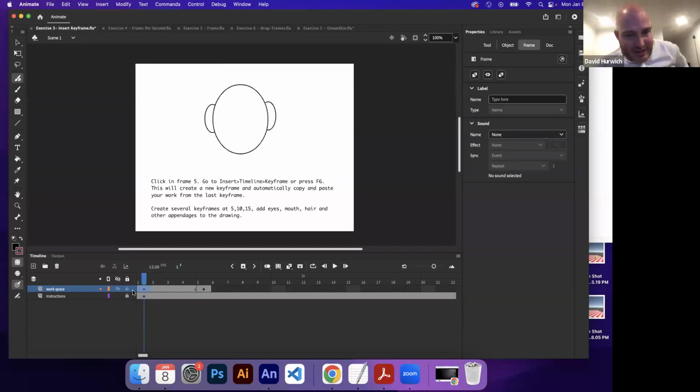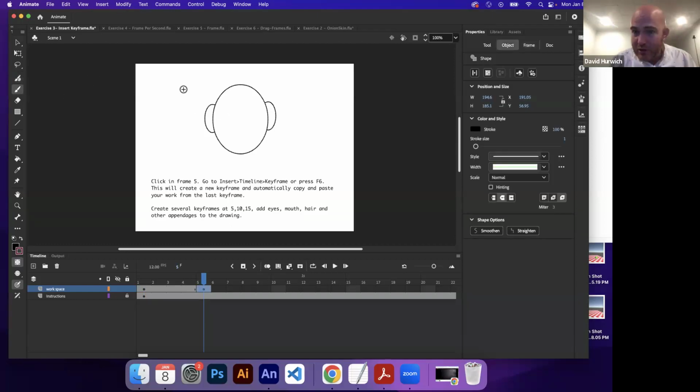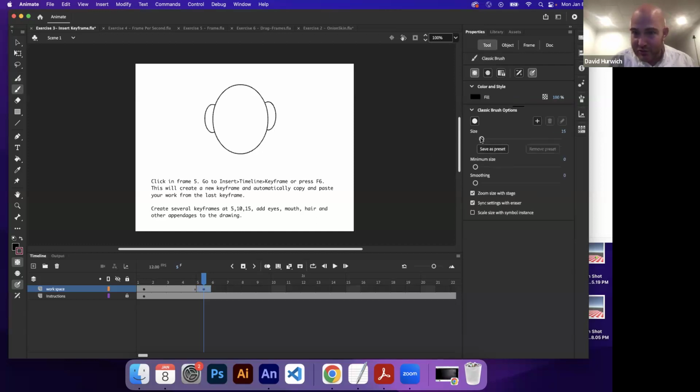I had a head and some ears in my first keyframe. I copied it, and it now goes into the new keyframe. Now that I have this, let's make some changes to it. So I can come in here and maybe draw some eyes.